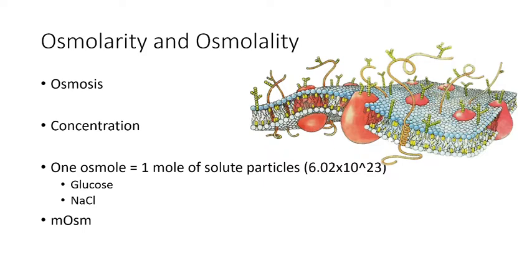In general, osmolality and osmolarity, so with an L and an R, are essentially the same thing when you talk about physiological levels. The difference is, let me get this right, osmolality uses milliosmoles per kilogram, so it's per unit weight, whereas osmolarity uses per litre, so per unit volume.